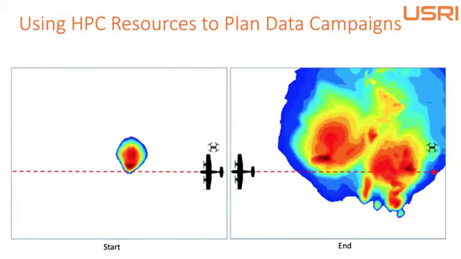Now, we've also been using high performance computing resources to start to plan these types of missions. For an example, if you want to map out a large area around a severe storm, how do you go about doing that? Well, it's something very difficult to go out and test, because you don't have the opportunity just to fire up a storm and see what works and what doesn't work.